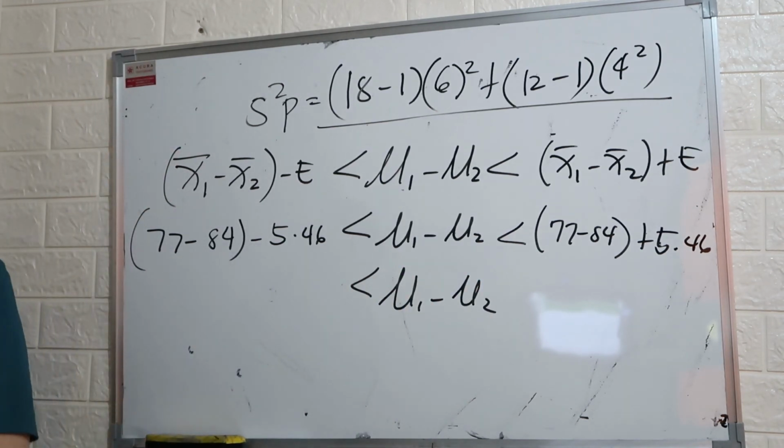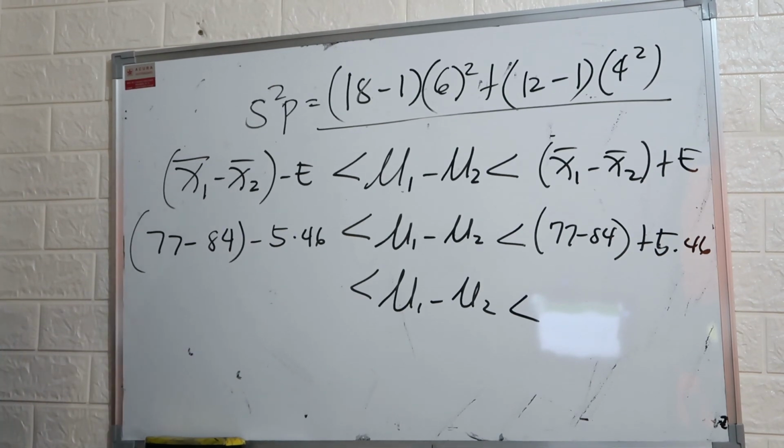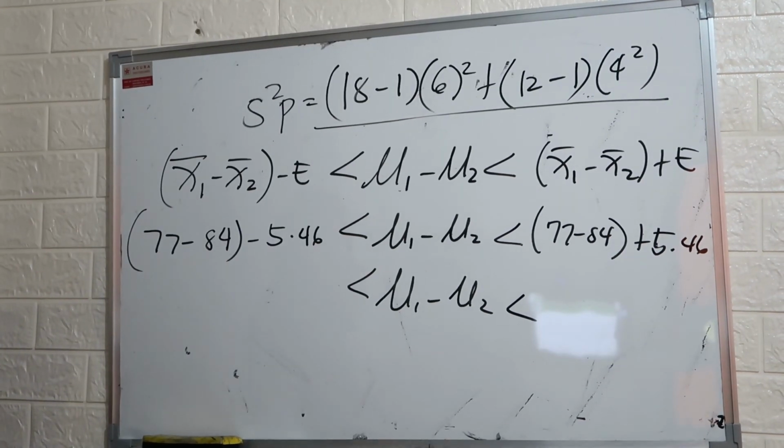What's the interval? The interval is what? 0.54 po. Again, what's the interval? 0.54. Are you sure? What's the interval? 1.54 po.